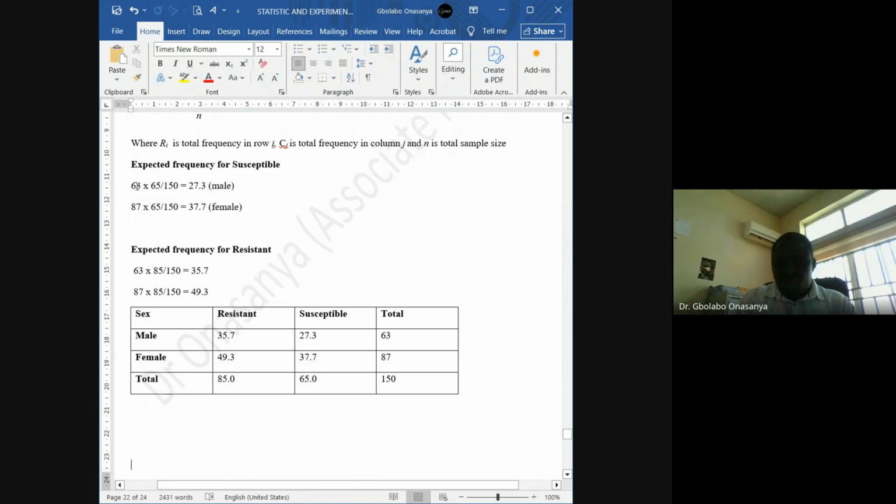Total enrolled for male is 63, times total in column for susceptible, which is 65. We are talking about susceptible.